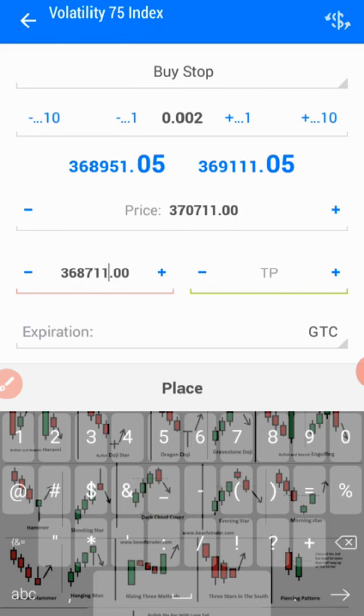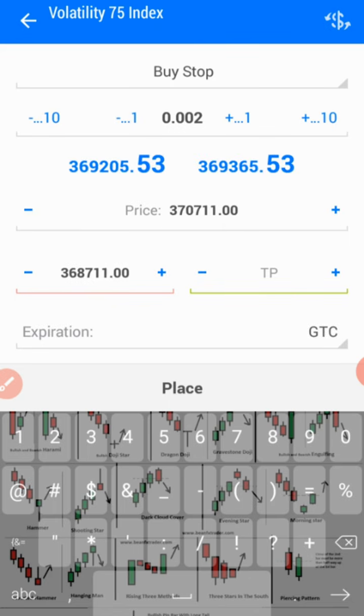So for $1, if it's 0.001 lot size, I think I'm even teaching another thing entirely, but it's okay. If it's 0.002 lot size, and I want to lose the same amount, then I will increase this to 4,000. Are you getting me?